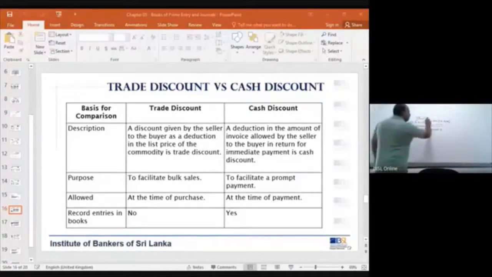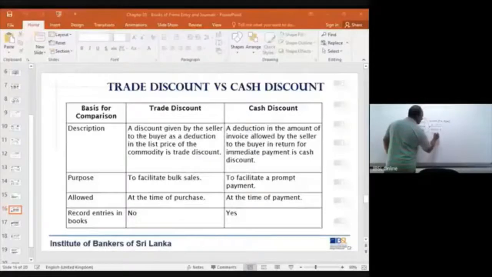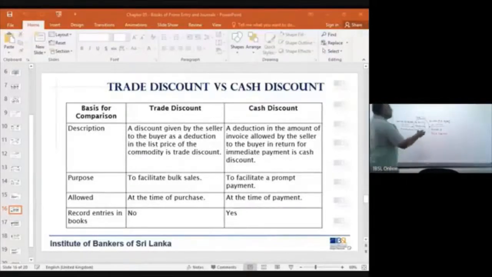Here you are purchasing this product in bulk. We call it a bulk purchase. So when you go and purchase in bulk, there is a benefit to both parties, because PQR company is going to sell 50 units immediately.